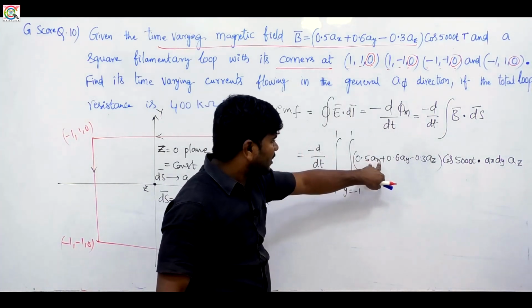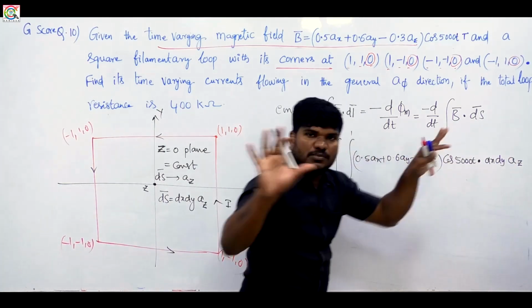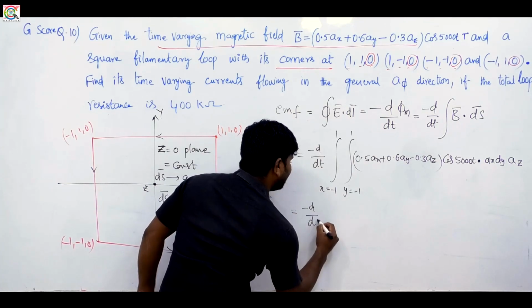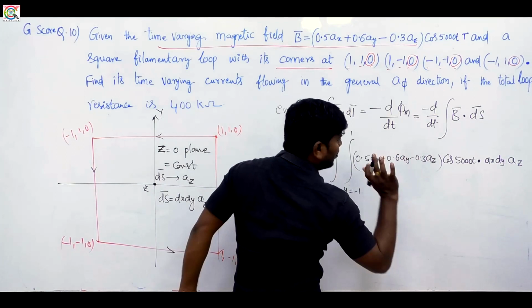Now the dot product with the ax component and with the ay component will become 0. So finally how much will you get? It is minus d by dt of, this component will get cancelled.